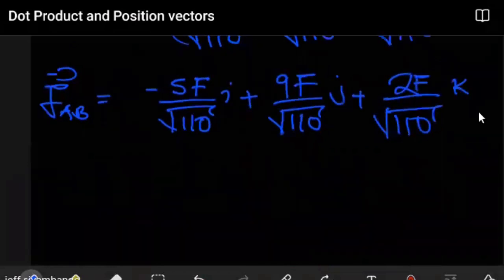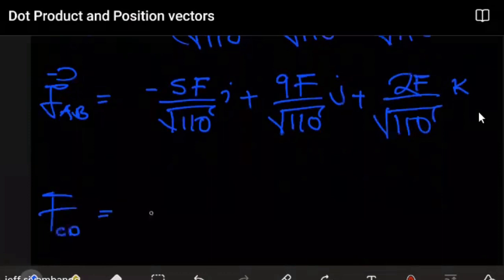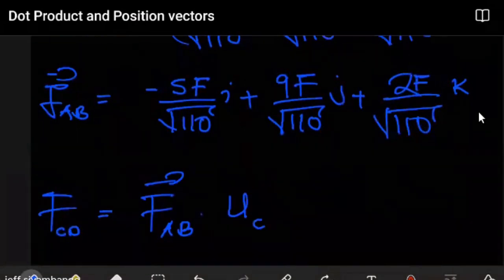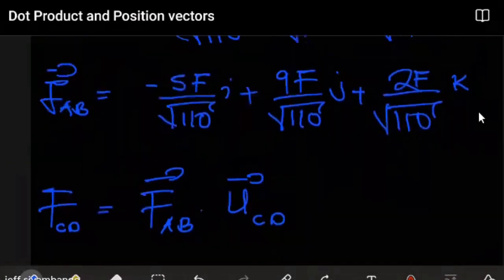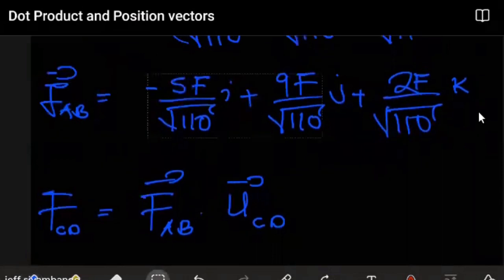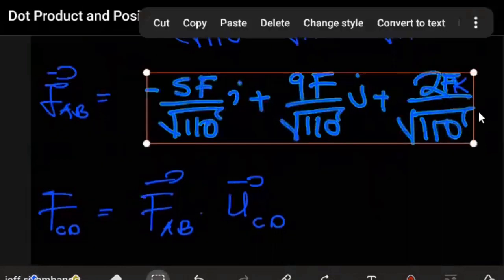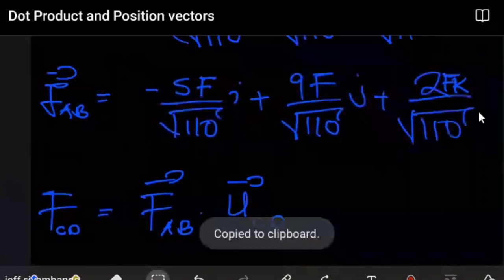So that now to get the component of F along CD will be equal to the vector itself, F along AB, dot the unit vector that points along CD. So this is what we have to do to get the component. So we know the force F along AB.